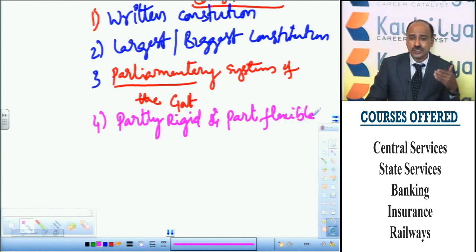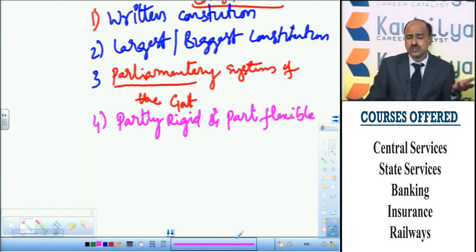Suppose we establish new schedules, or want to establish or abolish councils, or change states' borders, it is easy to amend through a simple majority. Some parts are tough to amend. If you want to amend fundamental rights, a special majority is required. To amend the reservation system, a special majority in parliament and also the majority of the state assemblies is required. That's why our constitution is partly rigid, partly flexible.